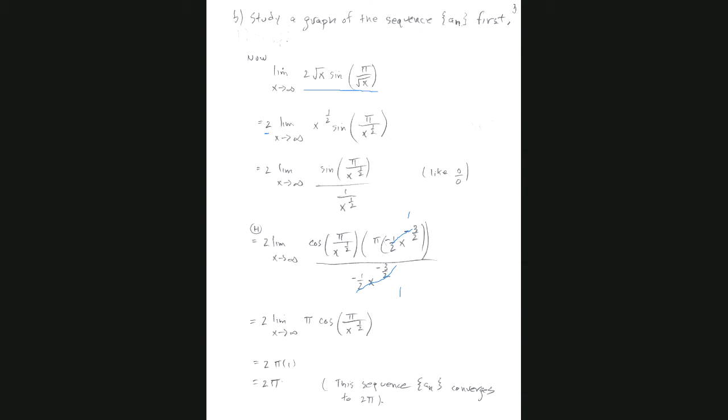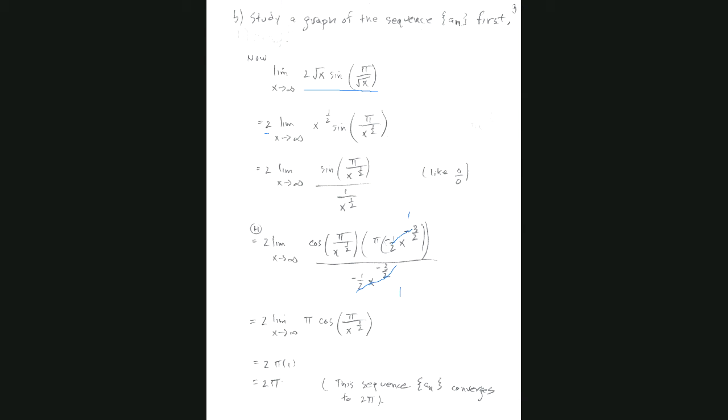All right, so now, we're going to get then, as x goes to infinity, pi over x to the half is 0. The cosine of 0 is 1, and you get 2 pi.